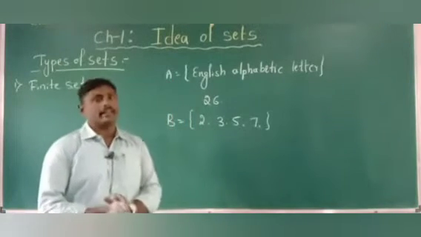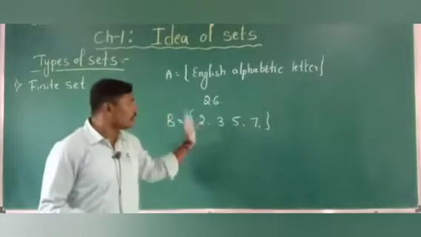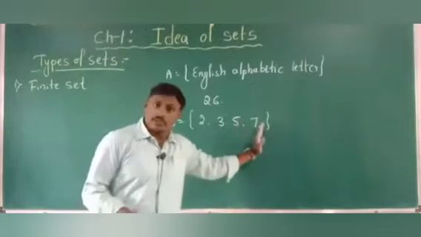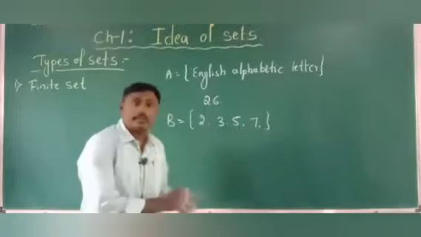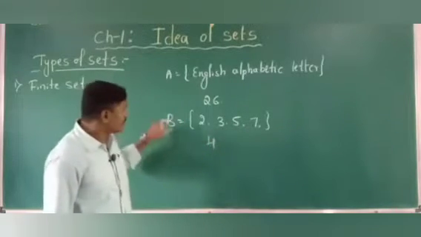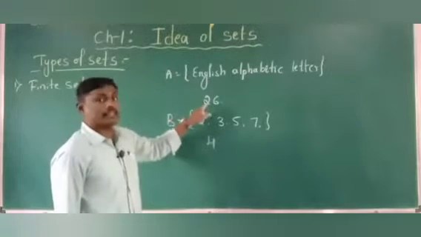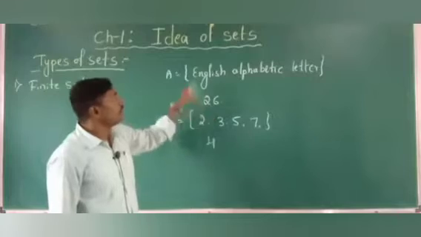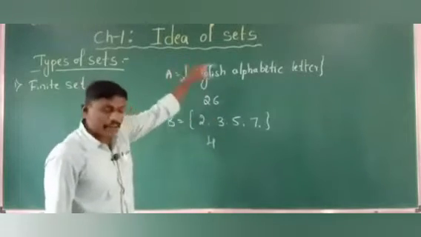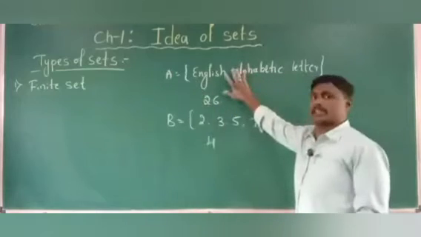You can easily identify there are 4. They are 2, 3, 5 and 7. This 4 indicates the set B has a finite number of elements. Here also the 26 indicates that the set A has a finite number of elements. It means it is a countable set.